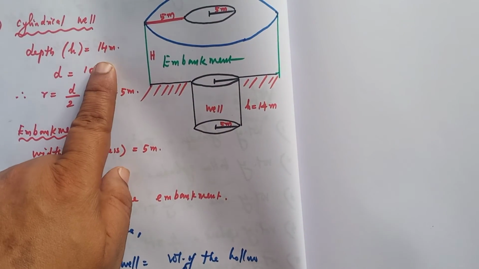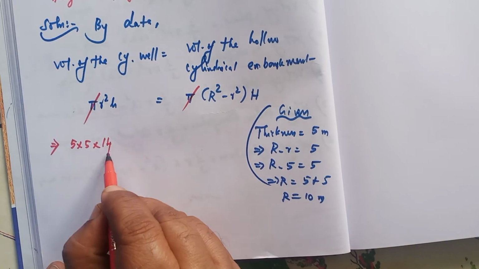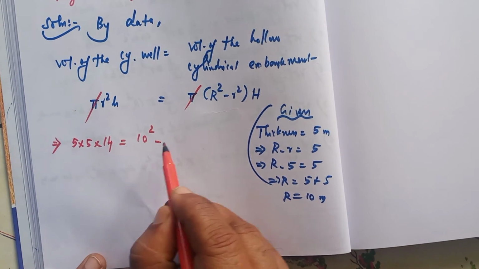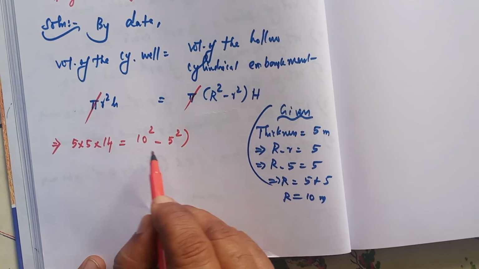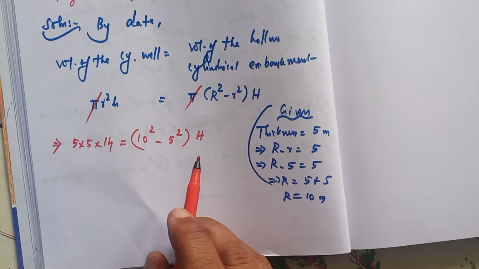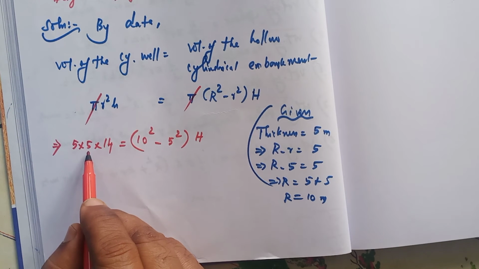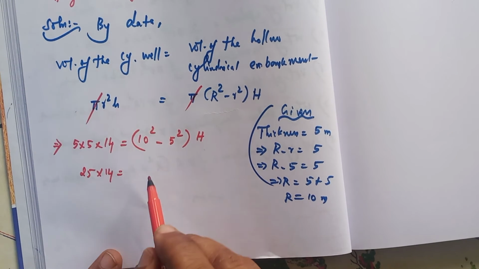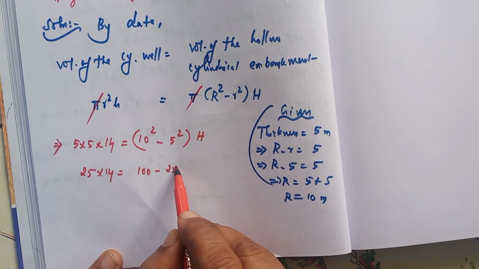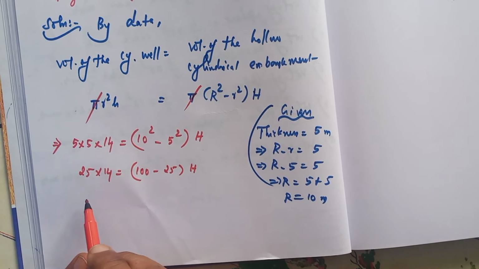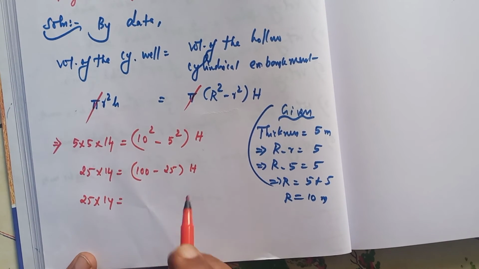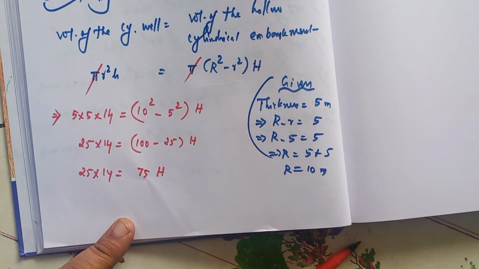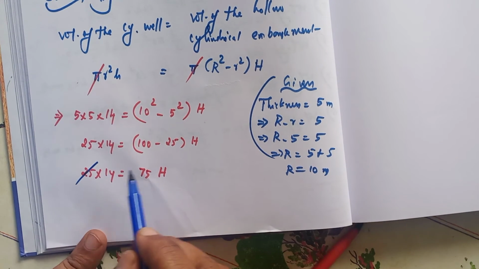Small h, the depth, equals 14 meter, equals capital R, that is 10, therefore 10 squared minus small r, that is 5 squared, into capital H. Now 5 fives are 25 into 14 equals 10 square, 100 minus 5 square, 25, into capital H. So 25 into 14, write as it is. 100 minus 25 equals 75 capital H. Now you can cancel the 25 table, 3 times.